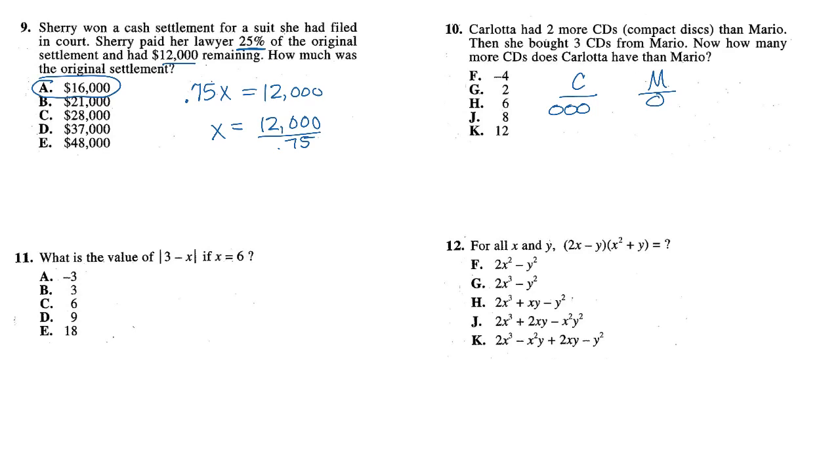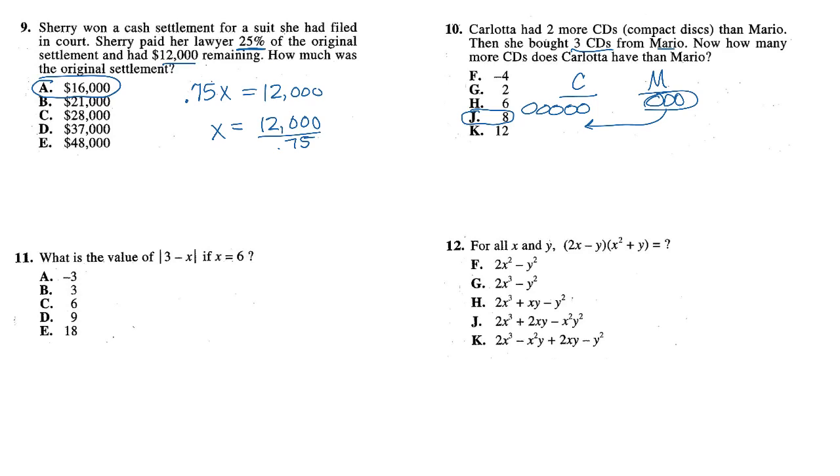Now, let's see, she buys 3 CDs from Mario, so Mario had to have at least 3 CDs, which means Carlotta had to have 5, because again, she still has 2 more. So if she buys all 3 of these from Mario, then those are going to come over here. So Carlotta has 8 more CDs than Mario.